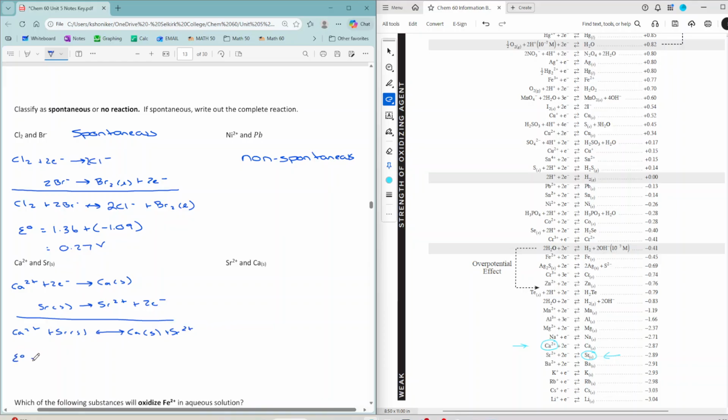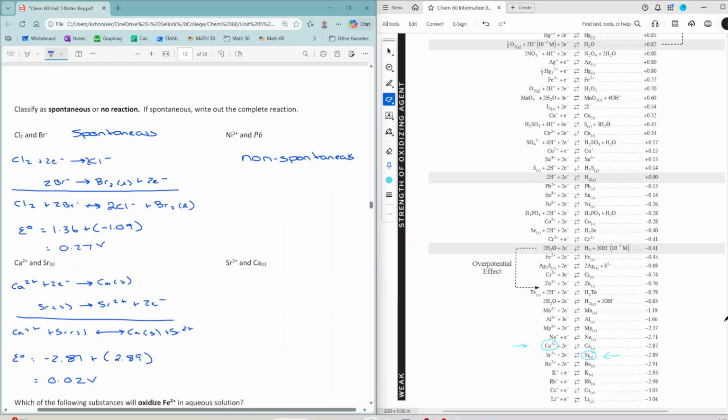My overall potential: the calcium is negative 0.287, but then my strontium is going to be positive 0.289, which means it's not very likely to happen. They're way too close together. It's 0.02 volts. And then the last one, strontium 2 plus and calcium solid.